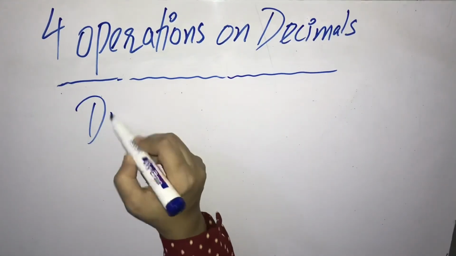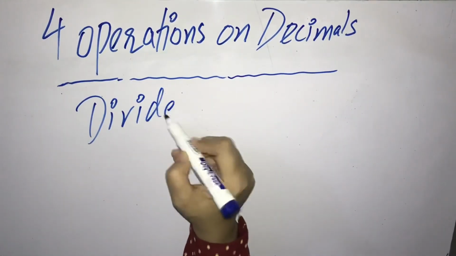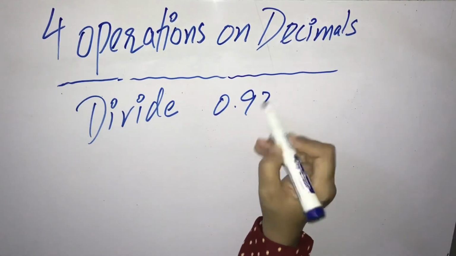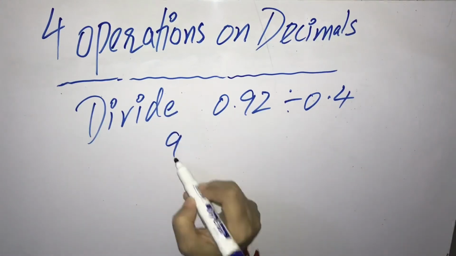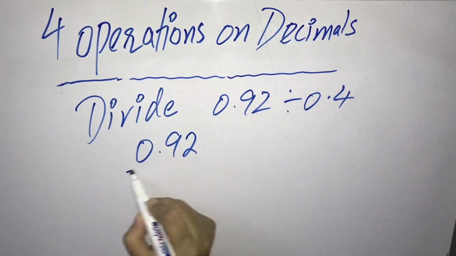The last operation is division. If I have to divide 0.92 by 0.4, I will write them in fraction.